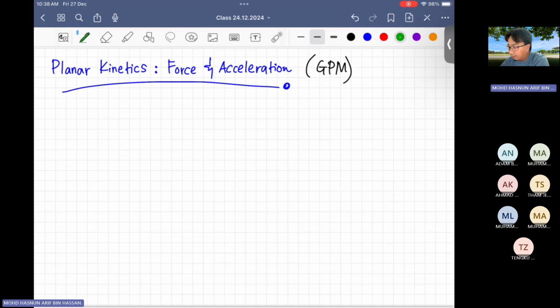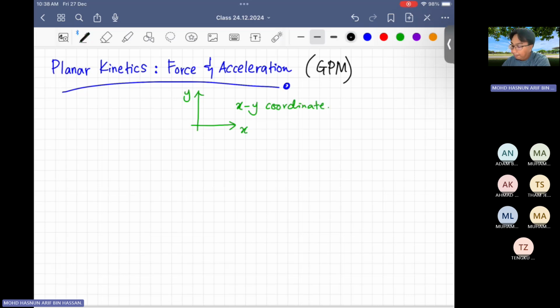First of all, the coordinate system that we are using in this problem is the XY coordinate system, which is not similar to the rotation problem where you need to use the normal and tangential axis. For general plane motion, this is the normal XY coordinate system.